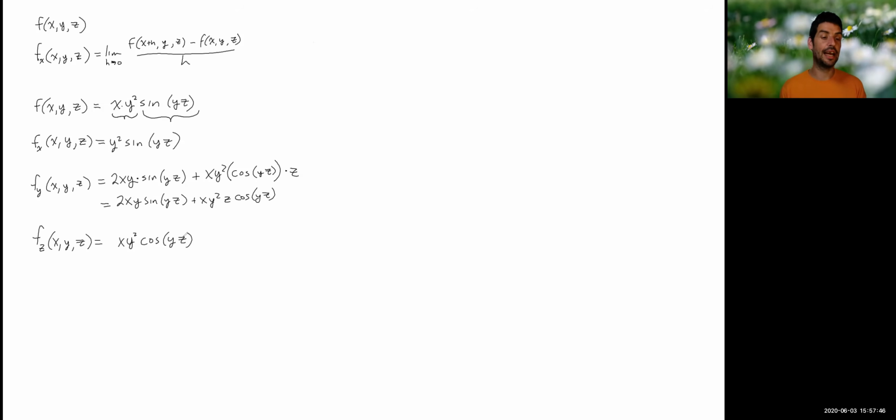But again, I have a chain rule. This time y is playing the role of the constant. Z is the variable. So I multiply by y. I'm just going to absorb it into this y squared and make it a y cubed. And that gives us our three partial derivatives.